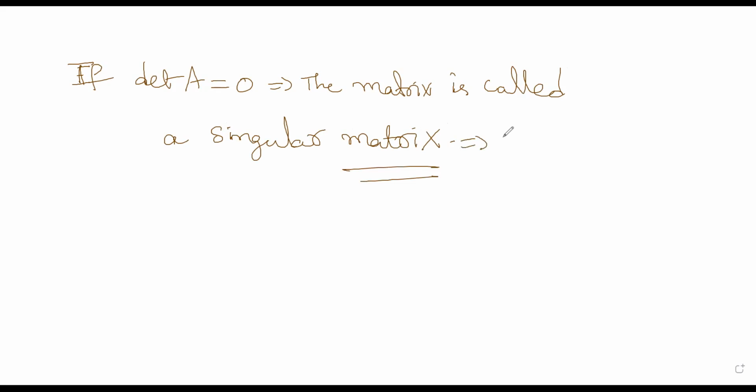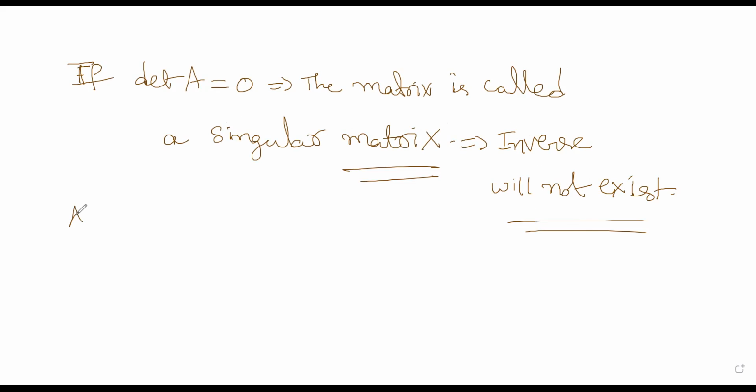For a singular matrix, the inverse will not exist. First, using det A, you can decide whether the matrix is singular or not. Non-singular means det A is non-zero.